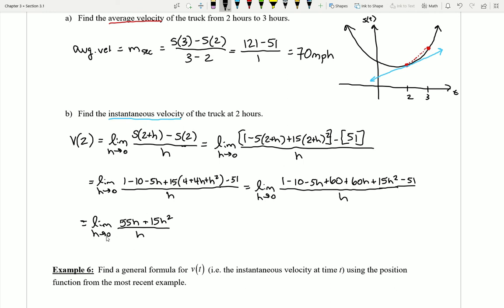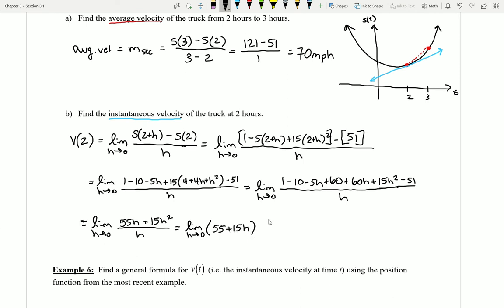Notice, can I compute the limit yet? No, but it wouldn't be too much work to simplify out an h from top and bottom. I'm going to tackle this in one step. You can imagine factoring out an h from the top and then canceling with the bottom. If you did that, you'd be left with 55 plus 15h.